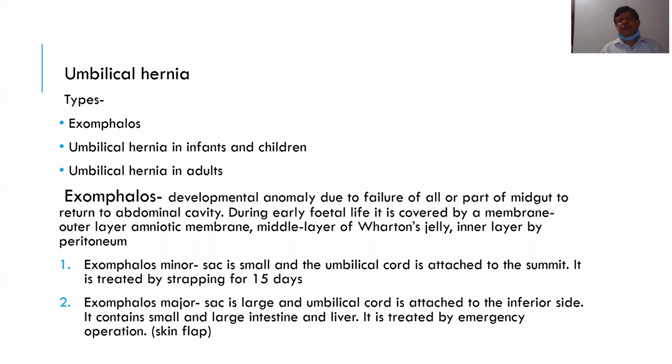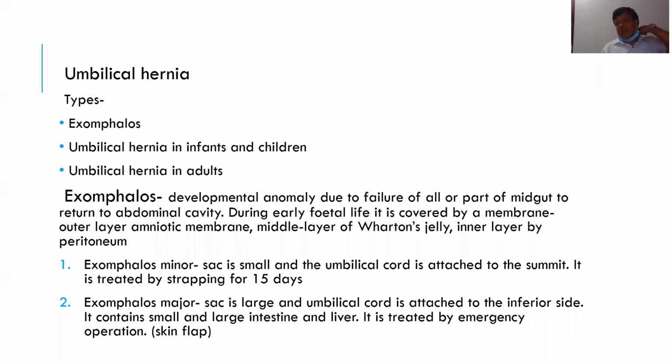And normally, just after birth, there is a wide gap or defect in the umbilicus, where all the components of the anterior abdominal wall come and fuse together. Immediately after birth it may be a wide gap, but within a few days or after 1 or 2 weeks, it becomes narrow, and the umbilical opening is usually closed.